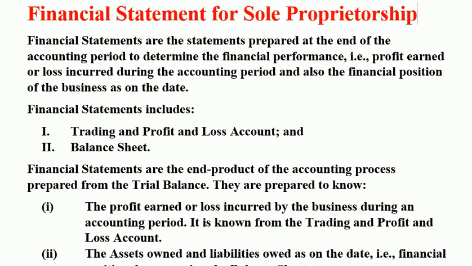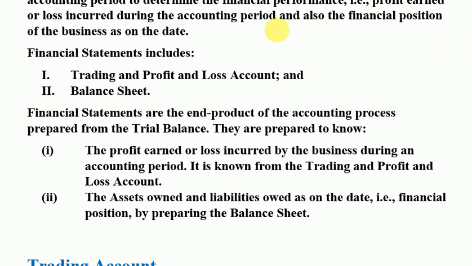And the second thing, that is the assets owned and liabilities owed as on date, that is the financial position, by preparing the balance sheet. So, what is a financial statement? It includes the trading profit and loss account and the balance sheet.